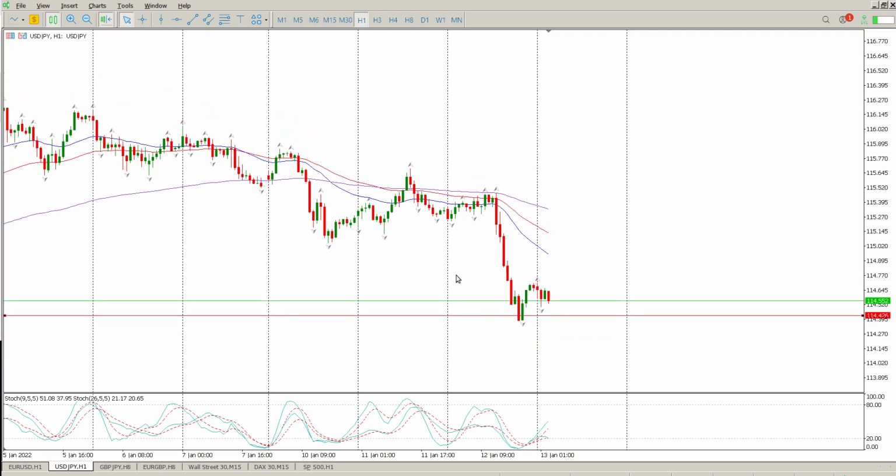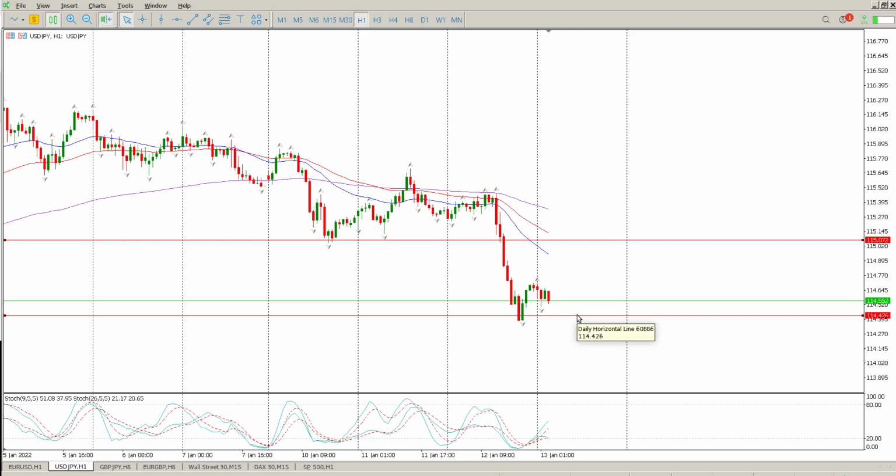So at the moment, I'd be watching this zone here, 114. The only thing that's going to get me short again on this is a retest of this area of 115.072. So 115.072, we get back there and sort of reject it, then there's a great opportunity for another short to come and test the levels to the downside.